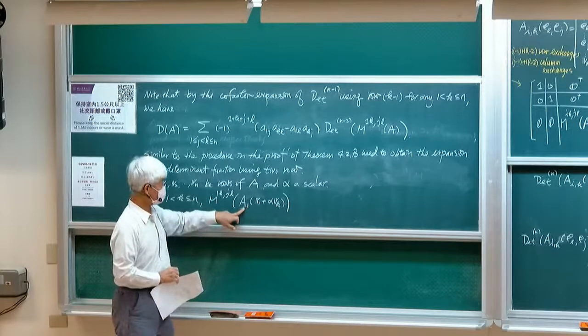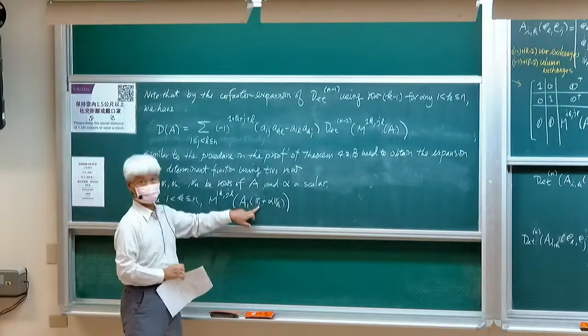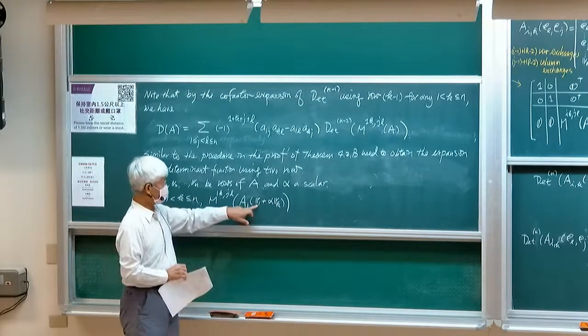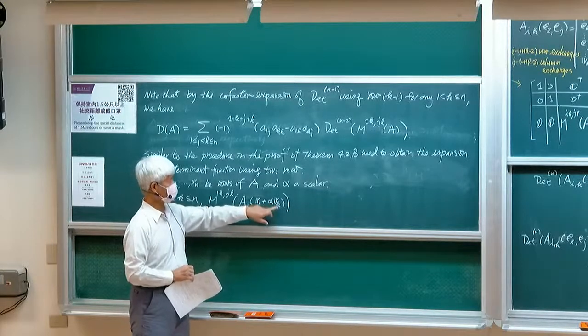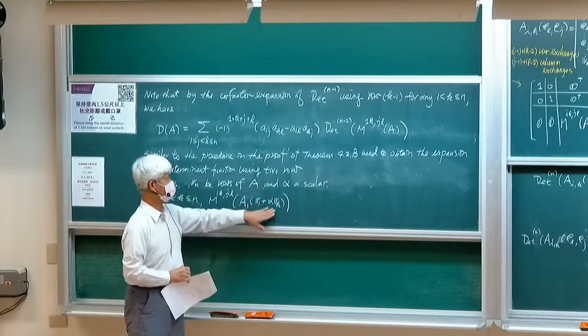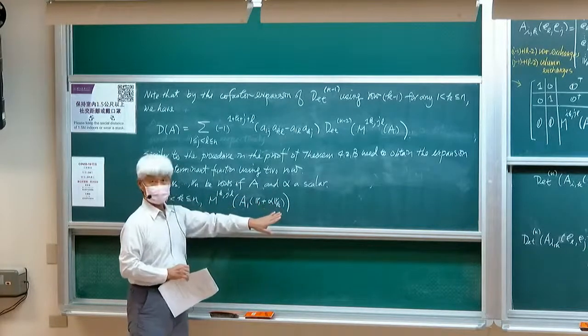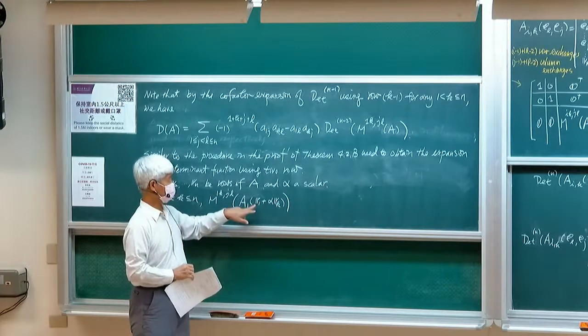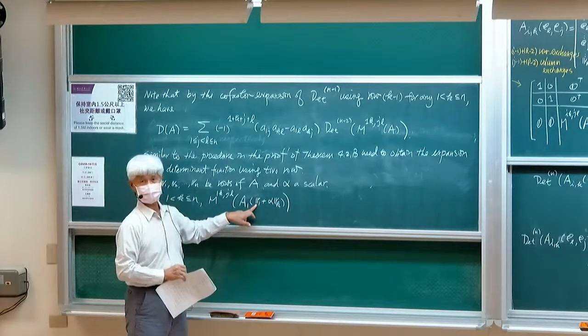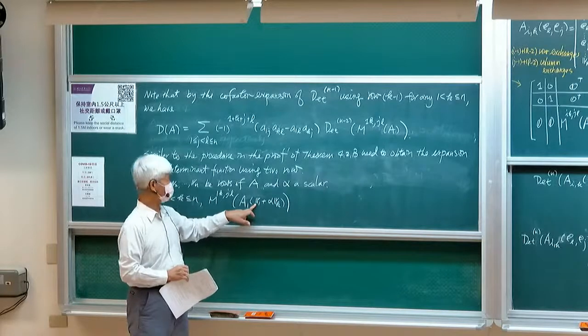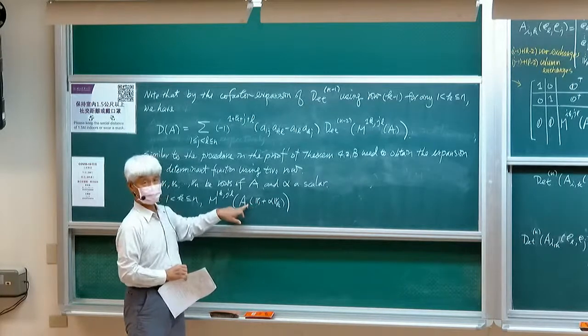You replace the first row of A by row 1 plus a multiple of row K. We use A1 as the notation here.